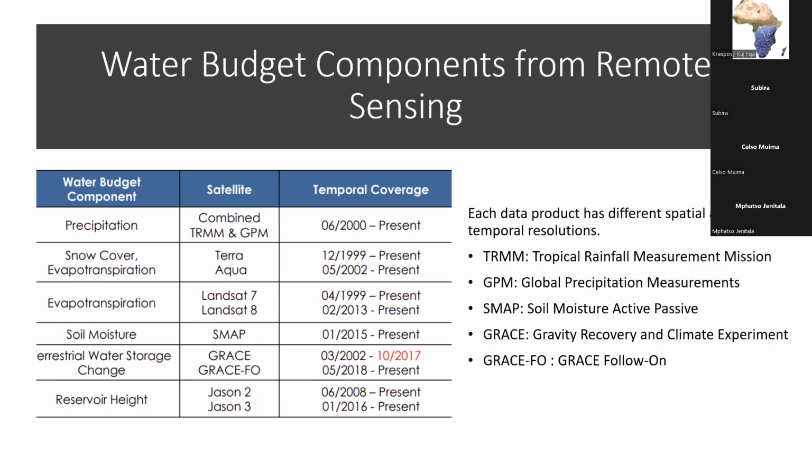But for this exercise, we will be using MODIS satellites because these are already ready-made. They are out there. And soil moisture, we'll use SMAP. Terrestrial water storage changes, we'll use GRACE satellites. And we also use GLDAS 2 and 3. Next.